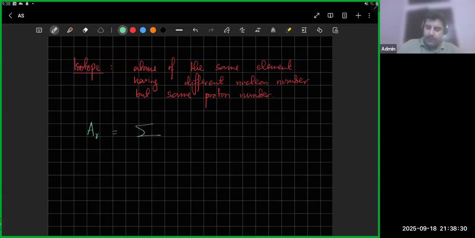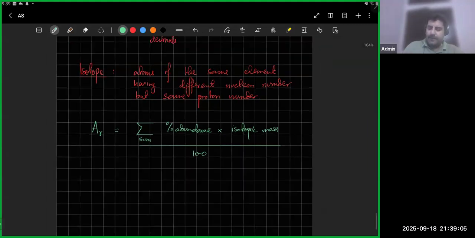So it is the sum of the weighted average, which is the percentage isotope abundance times the isotopic mass, and you're going to divide the whole thing by 100. Yeah, that's the weighted average.